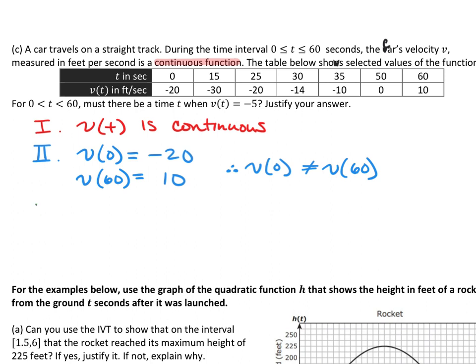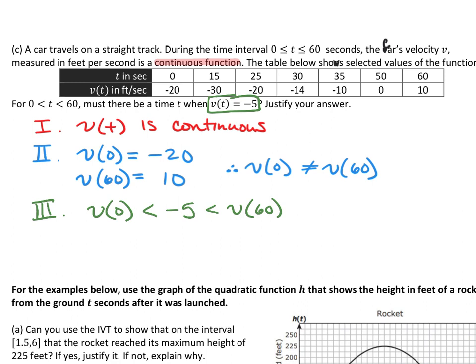Part 3 is just to show the number we care about is between those values. What number do we care about again? -5. So all we have to say is v of 0, which is -20, is less than -5, which is less than v of 60, which is 10. -5 is between those two numbers on a number line.